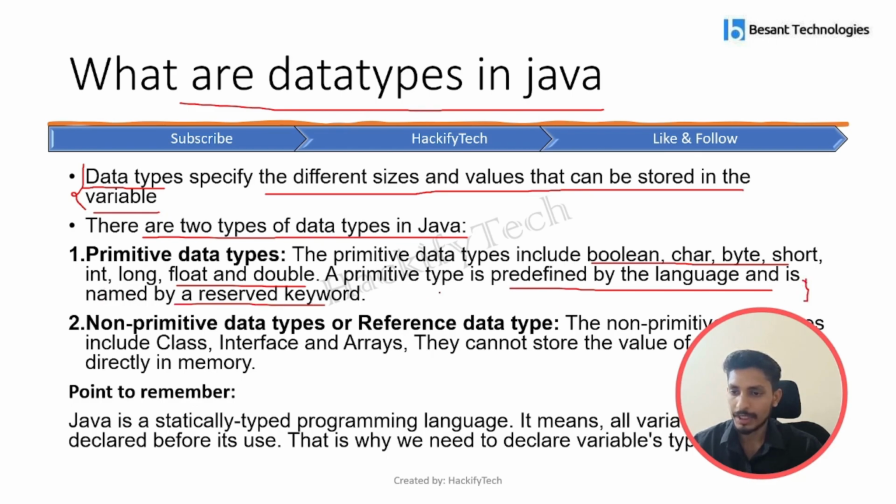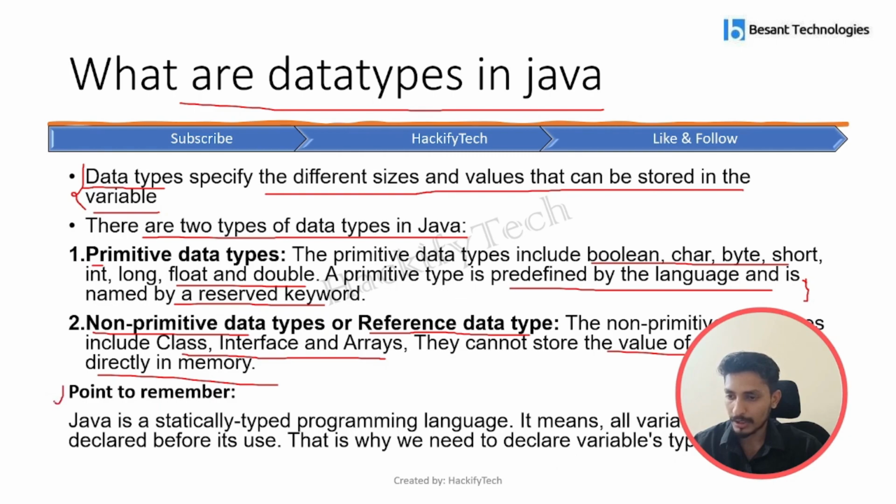These are of fixed size, and that's why we call them primitive data types. Then there are non-primitive data types, or reference data types. Non-primitive data types include classes, interfaces, and arrays.